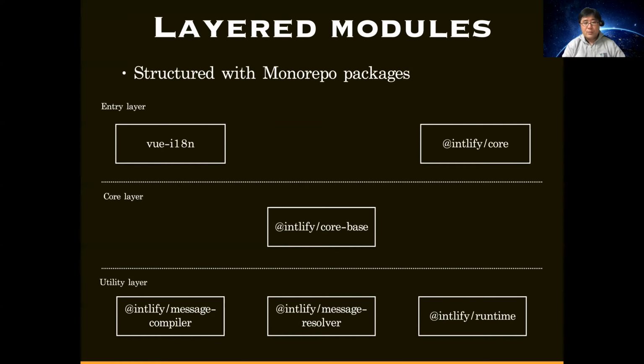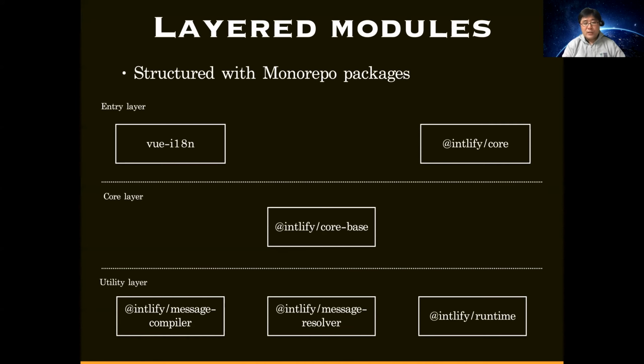The utility layer is mainly used in the core layer. The core layer is the layer that provides core functionality to the entry layer. Intlify core base is this layer. Vue I18n version 9 features such as translation, datetime formats, and number formats are implemented in the core layer.